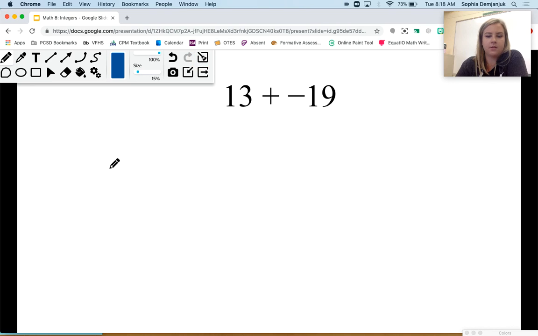Another problem for you to do on your own, 13 plus -19. The 19 is bigger and it's negative, so your final answer is going to be negative. And then subtract 19 minus 13 ends up leaving you with 6. So -6 is your final answer.